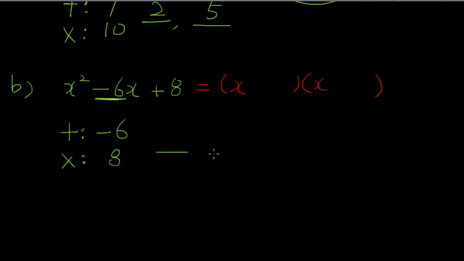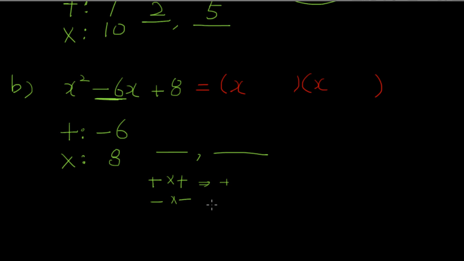So I'm looking for these two numbers. Well, when they say multiply to be positive 8, then I have either a plus plus combination or a minus minus combination, right? That's how you get a multiplication result that's positive. If you multiply these two plus, that's going to be positive.